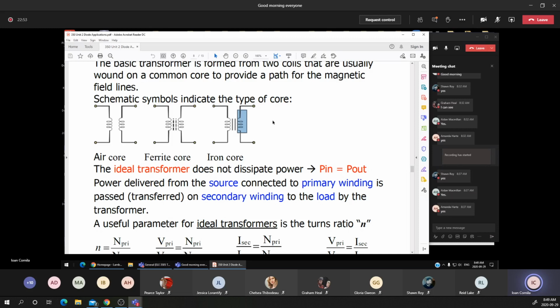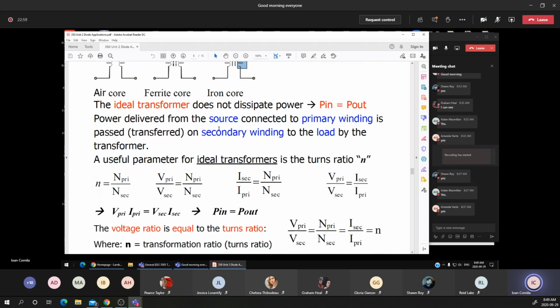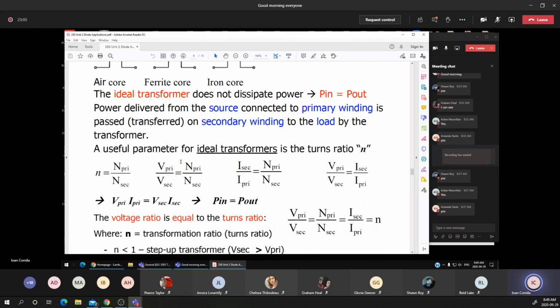Now, in order to use the transformer ratio, I mentioned that one of the most used parameters is the ratio of the number of turns in the primary winding. You notice that PRI is used for the primary winding.